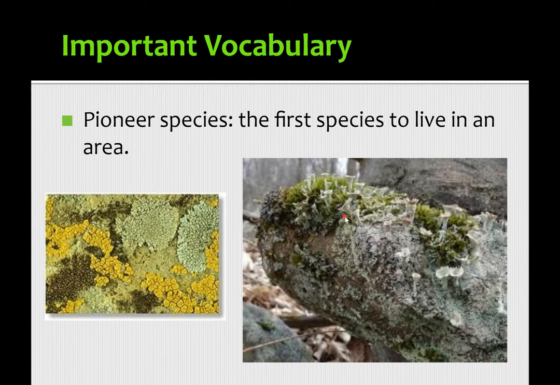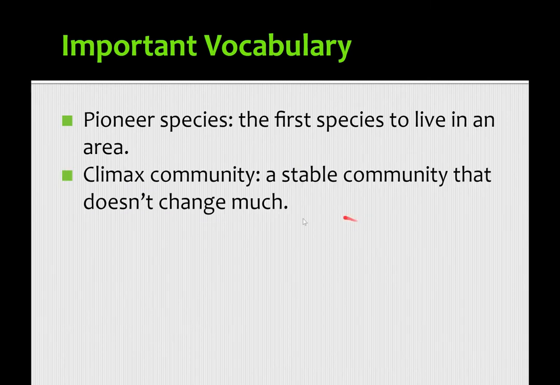So very small plants that take over, and of course fungi, can develop because you've got barren rocks in these ecosystems. Then at the very end, we have a climax community.